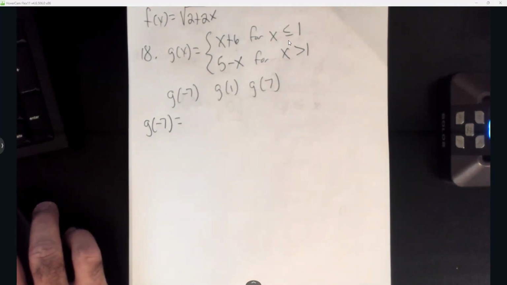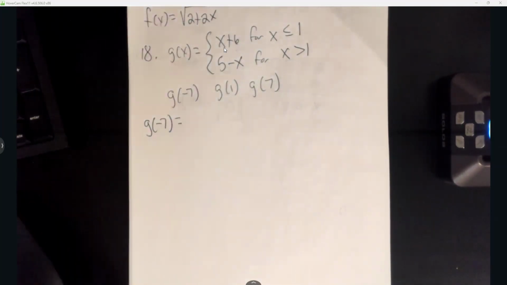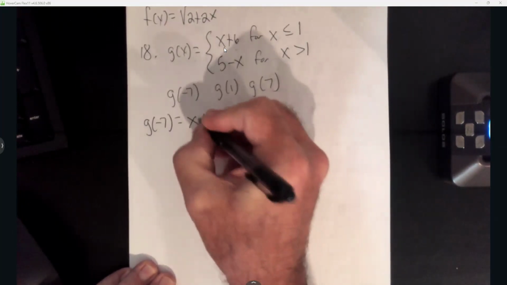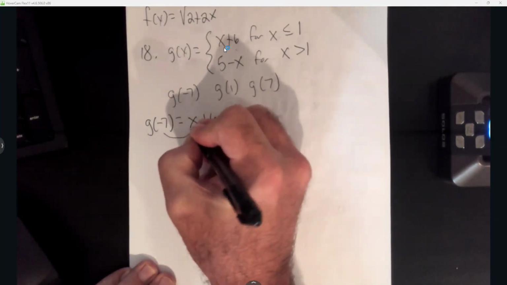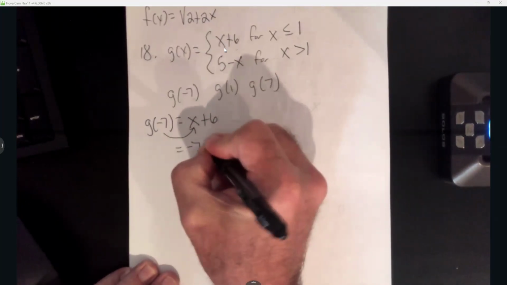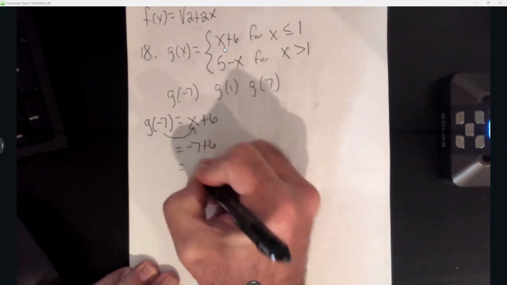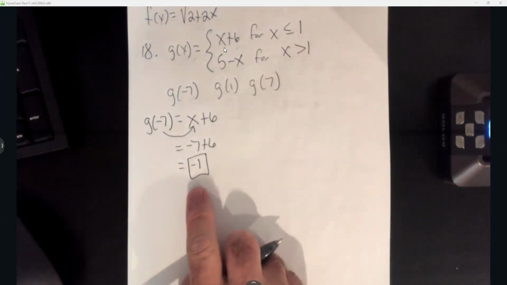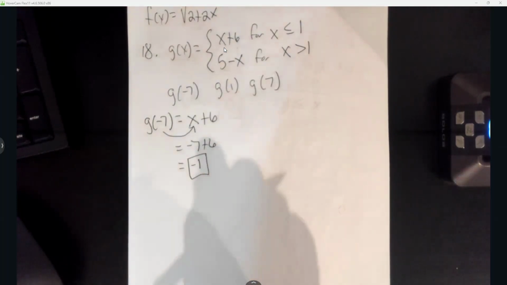Yeah, I would use the first equation because -7 is less than 1. So that means take the x plus 6. In place of that x, you're going to put that -7. So that's going to give you -7 plus 6, which is -1. So -1 is the answer we want for that one.